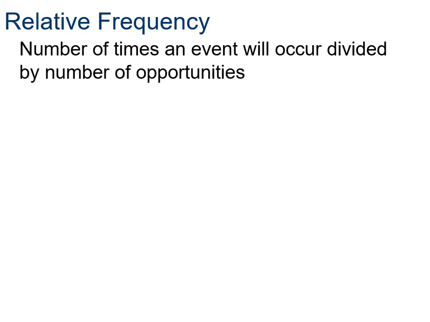The relative frequency is the number of times that an event will occur divided by the number of opportunities. For example, right here, if we say that we're flipping a coin, well, let's say we're doing heads, right? So our X is representing heads. So what's the chance we're going to get a head?